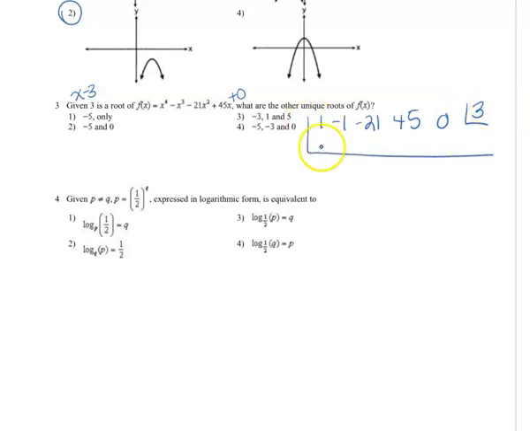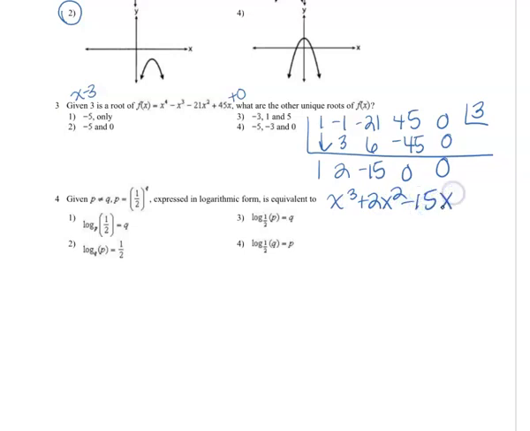Notice I put 3 in the upper right because that's the root of x minus 3. Alright, so that means this is x cubed plus 2x squared minus 15x.